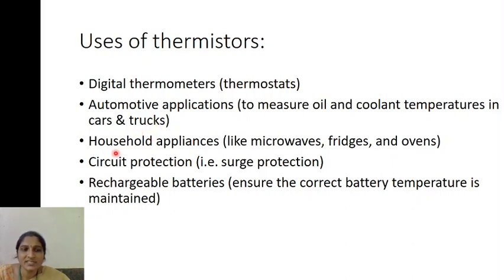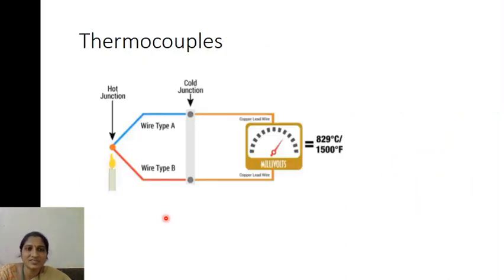They are used in household appliances like microwaves, fridges, and ovens. They are also used in circuit protection, that is, surge protection. And they are used in rechargeable batteries to ensure that the correct battery temperature is maintained. So these are the different applications of thermistors.